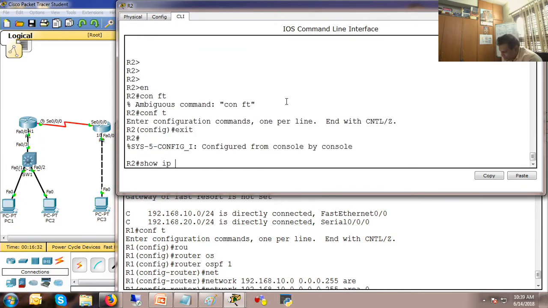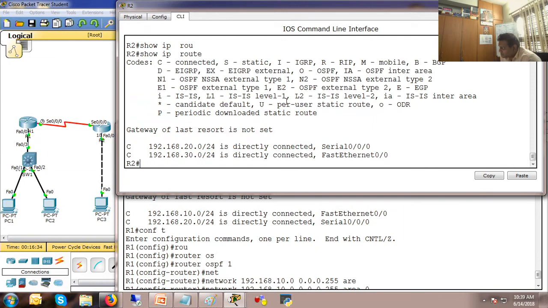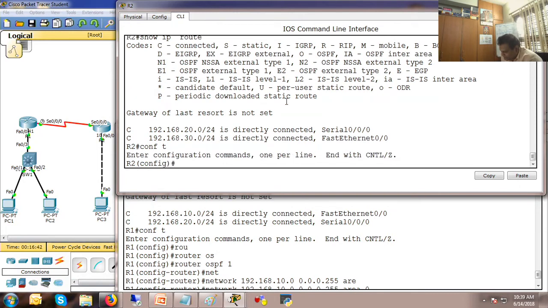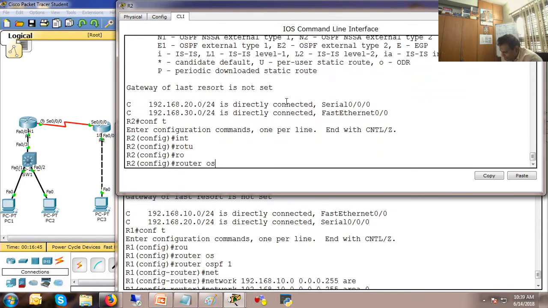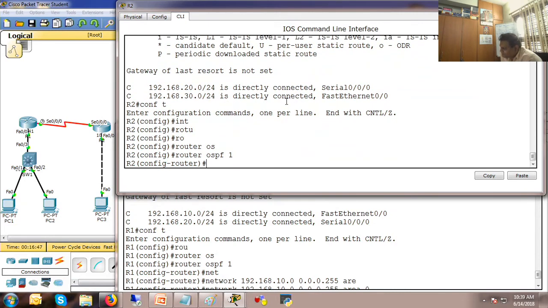So you see the first command is what? We can see which interfaces are directly connected. Okay, the first command. In configure terminal, the command is router OSPF 1. Right? Next one.